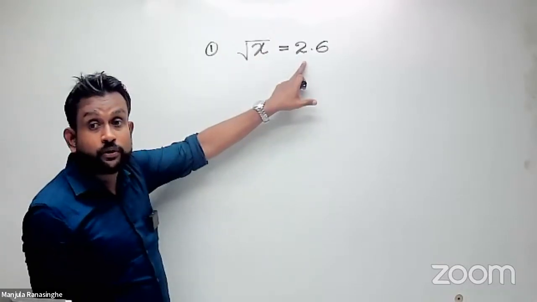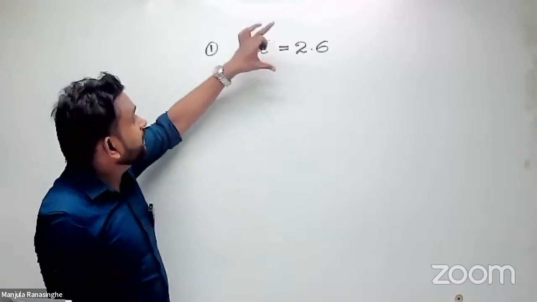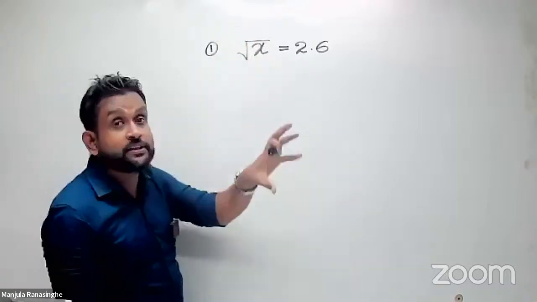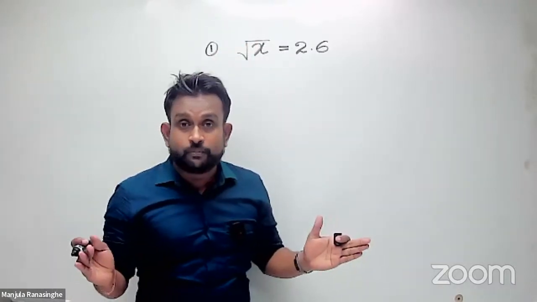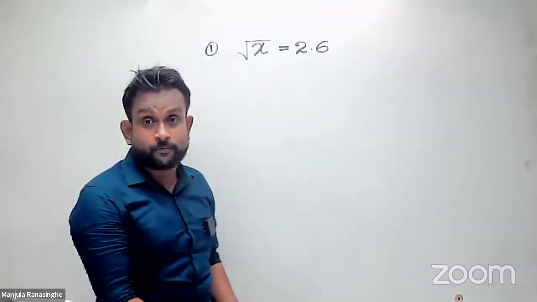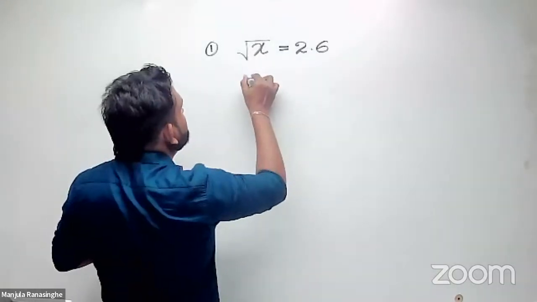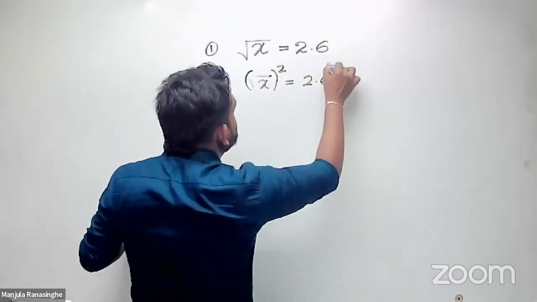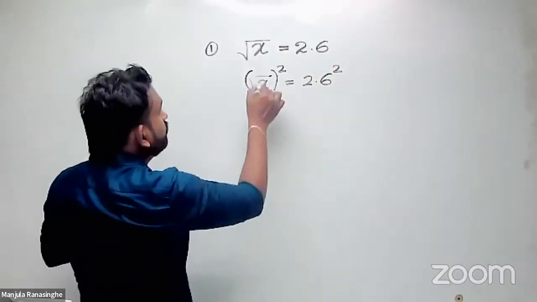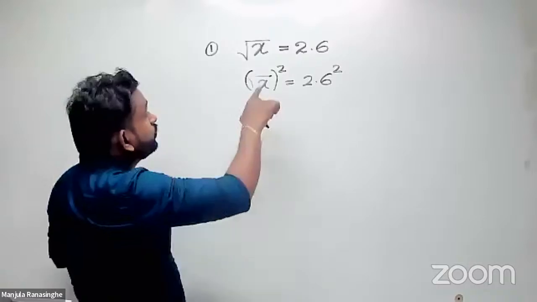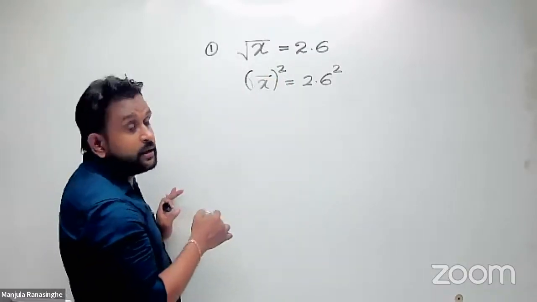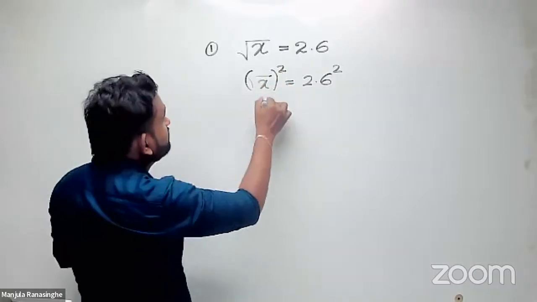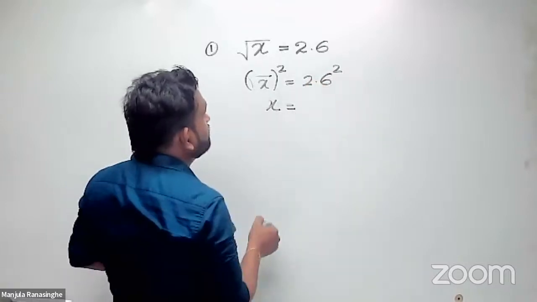Square root means the power half, so we take the square of both sides. The square root and the square power cancel, because half into 2 means half and 2 cancel. Then x is isolated: x equals 2.6 squared.